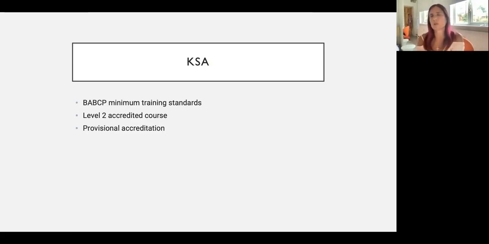There is a set of core professions which negate the need to do a KSA, but there are now a set of core professions which require a reduced KSA portfolio, and that is all related to meeting these minimum training standards.